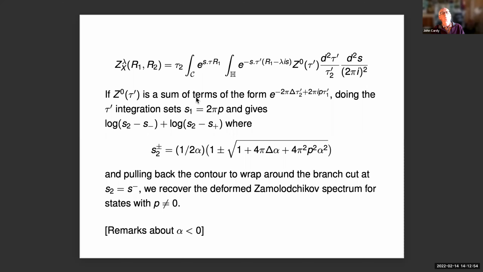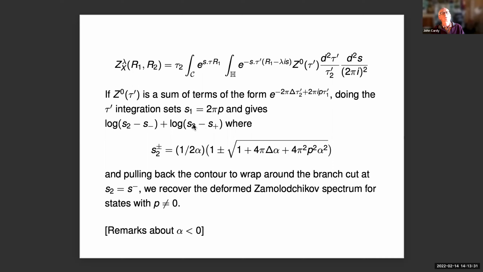if you write a spectral decomposition of the undeformed partition function as the expected sum over energy eigenvalues and momentum eigenvalues, delta and p, then you can plug this into here and do the tau prime integration, which sets S1 equals 2 pi times the momentum.